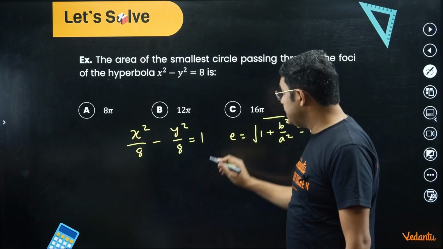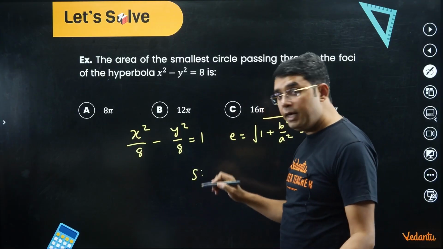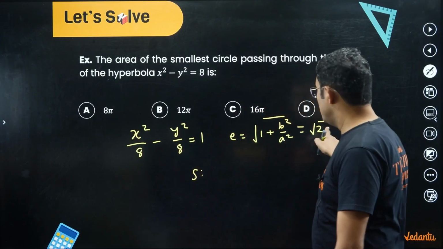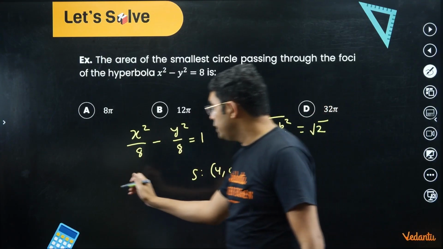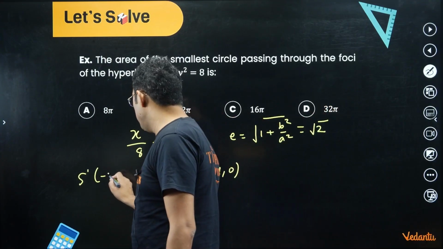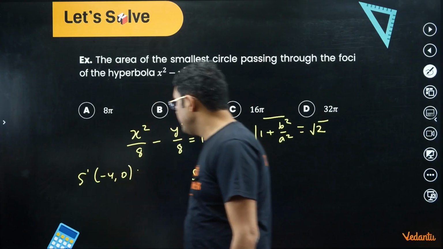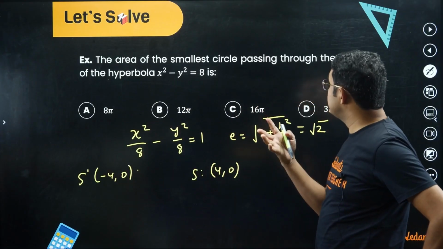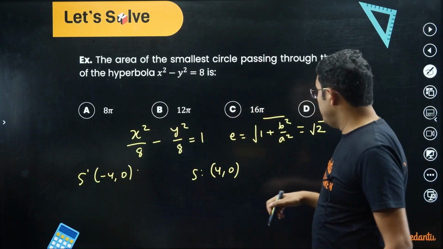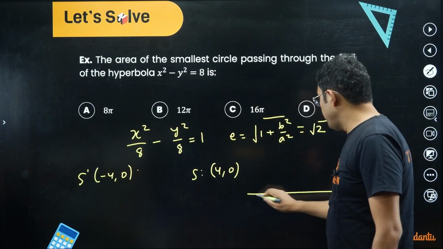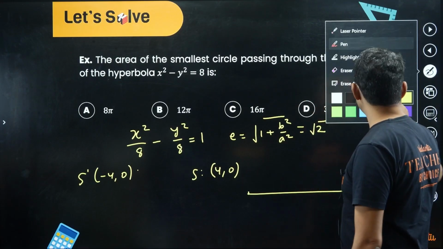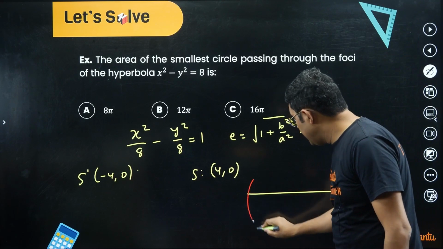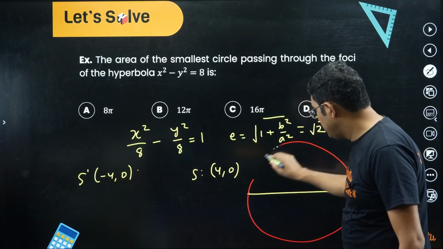Now in this case your focus would be ae. So a is 2 root 2, 2 root 2 into root 2, so 4 comma 0 is one focus, and the left hand side focus would be minus 4 comma 0. Now they are saying area of the smallest circle passing through the foci. So if you know these two points and we want a circle that has the smallest area, it is only possible if you choose this as a diameter of the circle.